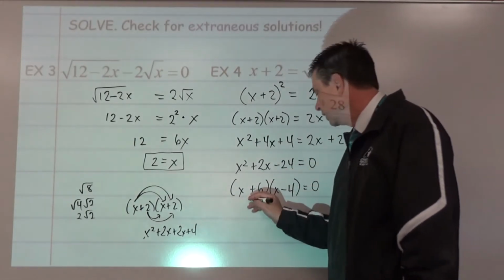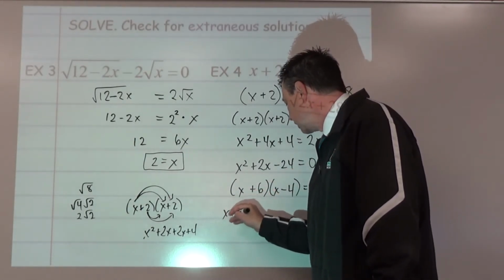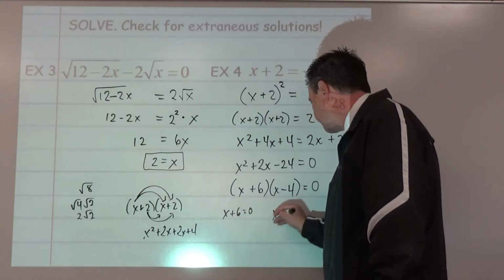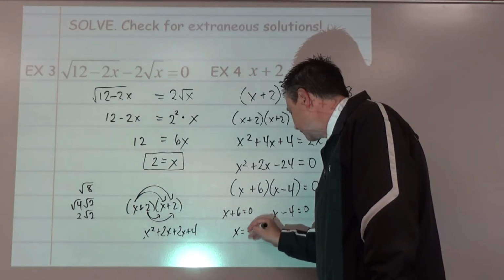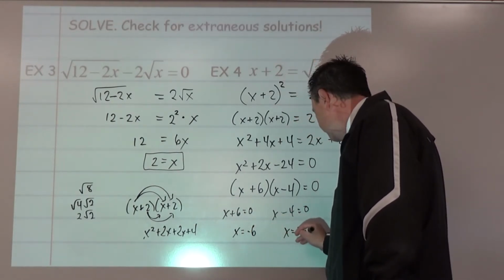And then remember, we would split them apart. X plus 6 equals 0, x minus 4 equals 0, x might equal negative 6, x could equal positive 4.